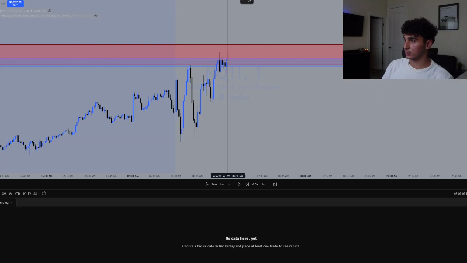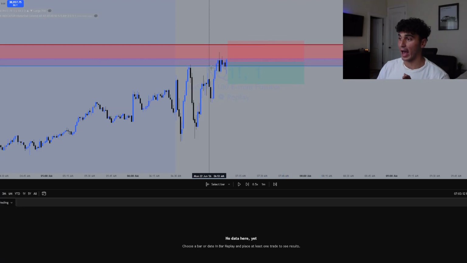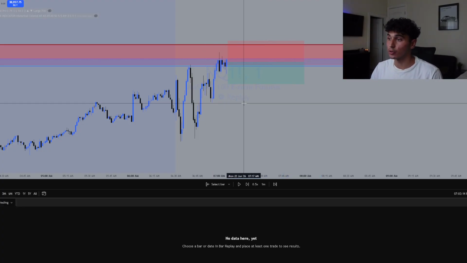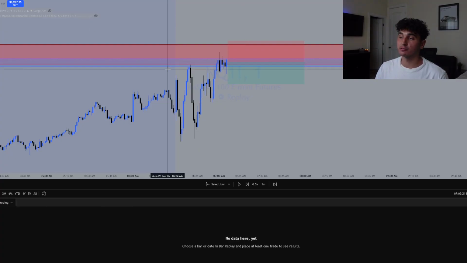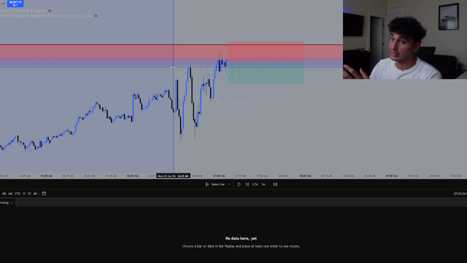So let's say I were to take this trade, because obviously, A, we have our supply zone matched across multiple different time frames, which is one really good confluence. We have a bearish 5-minute fair value gap mixed within our supply zone, so a key level mixed within each other is another confluence. We also see price starting to slow down in terms of buying pressure and start to see more signs of selling pressure, which is another good confluence.